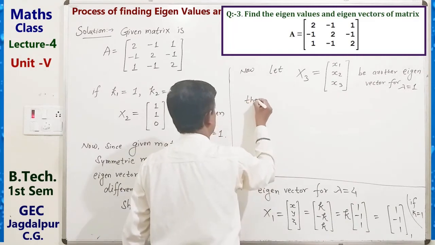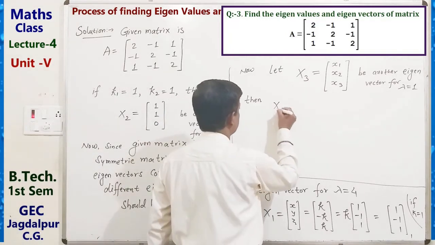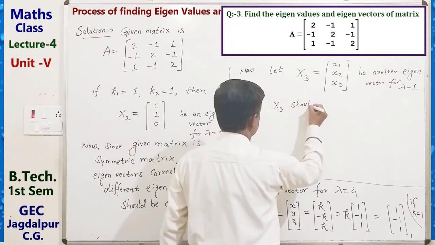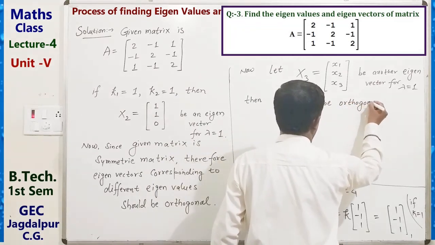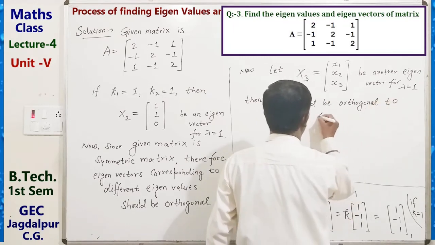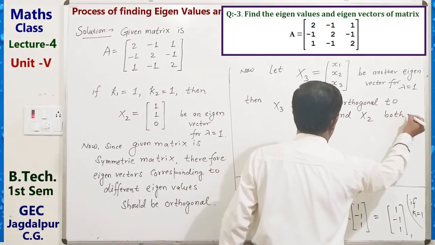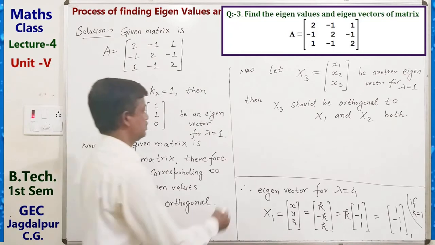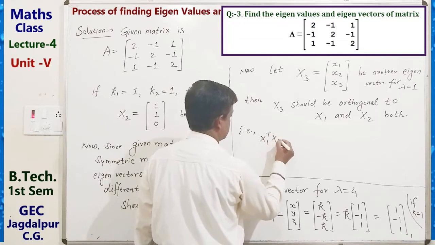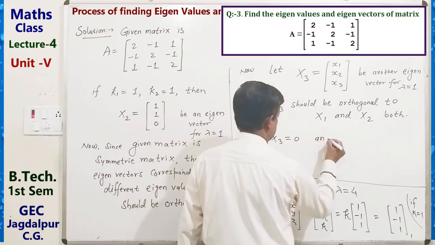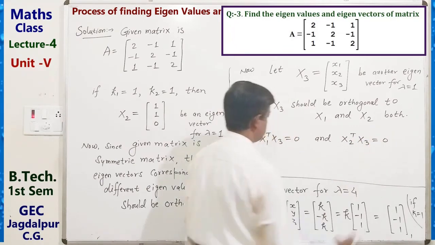Then, for orthogonality, x3 should be orthogonal to both x1 and x2, that is x1 dash x3 equals 0 and x2 dash x3 equals 0.